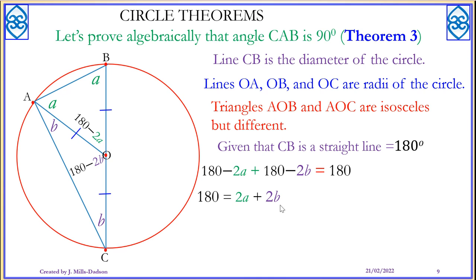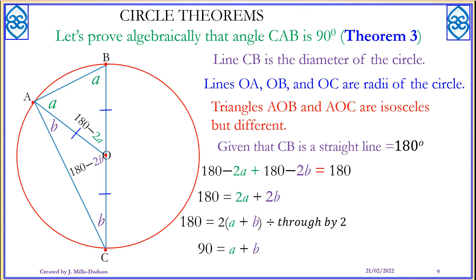Factor out 2 on the right hand side. You end up having 180 equals 2 into bracket A plus B. So I'm going to divide through by 2. And now what I have is A plus B. And where is A plus B? A plus B is the angle at this corner.